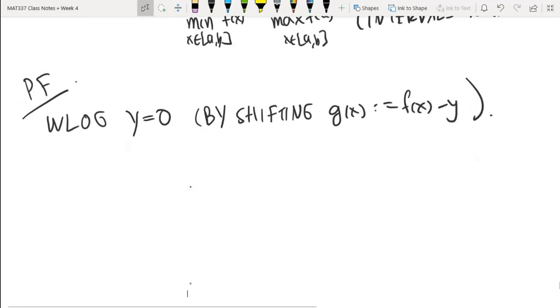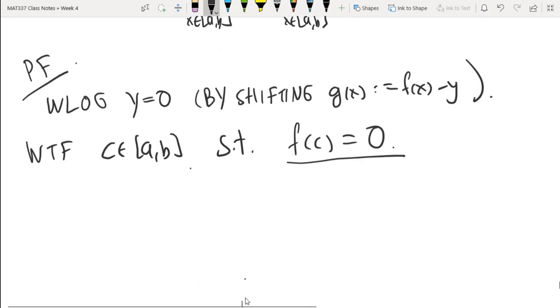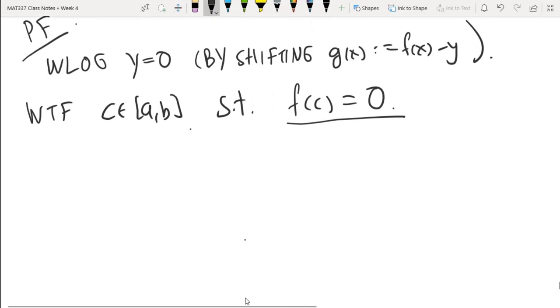So what we want to do is find c in [a, b] such that f of c is 0.